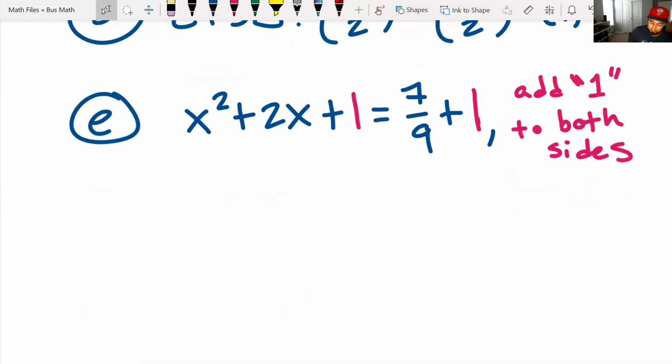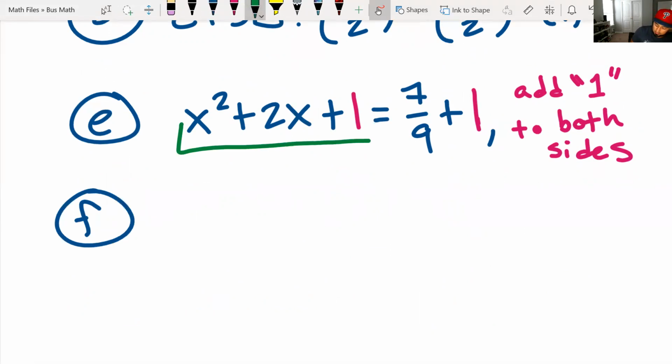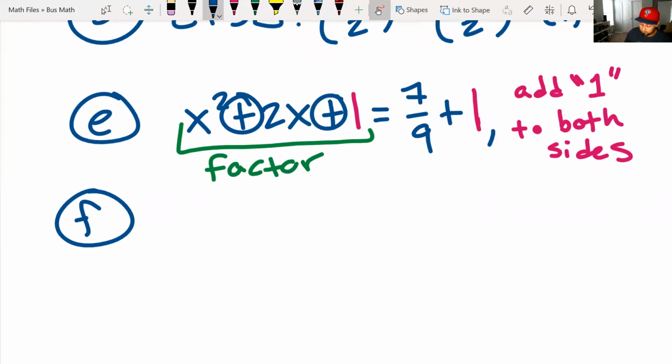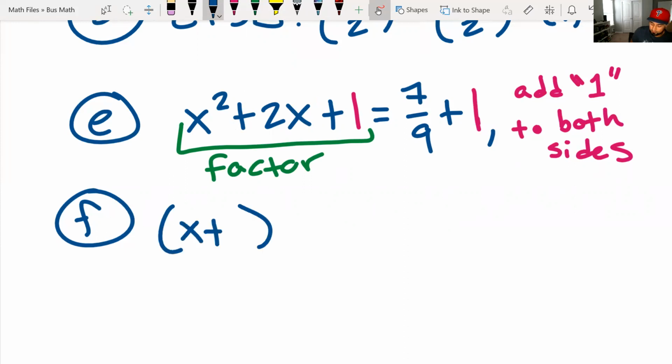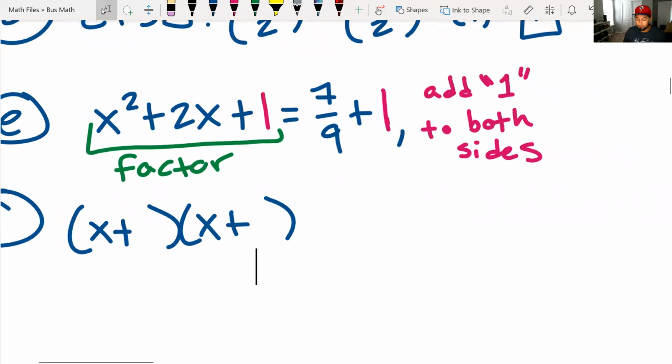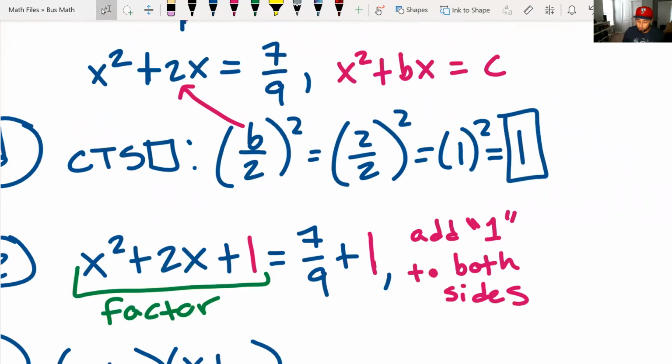Okay, and then F, you know what comes next? We will factor. So again, factor, and this is plus plus, which means you'll get x plus a number, x plus a number, and again, the number that goes in there is the number that we squared.